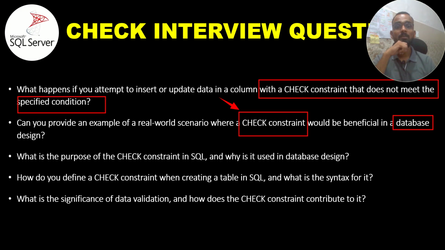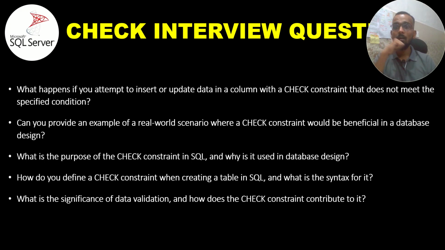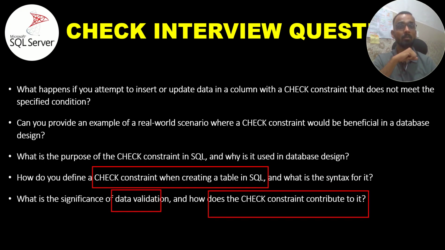What is the purpose of check constraint in SQL? Simply, you can provide the definition and the key features of this. Another question we have: how do you define a check constraint when creating a table? We have just gone through it in the previous slide. The last question: what is the significance of data validation, and how does the check constraint contribute to that?